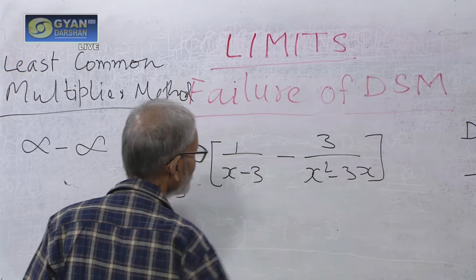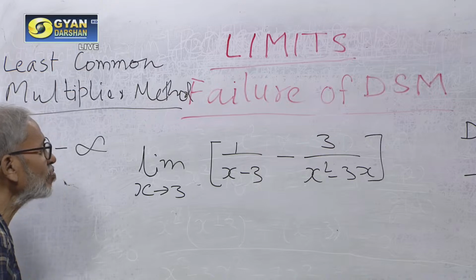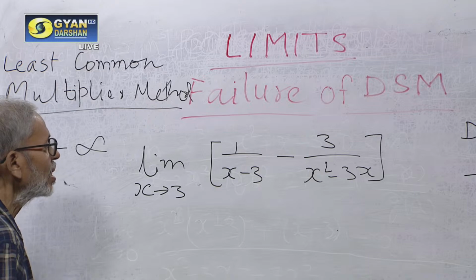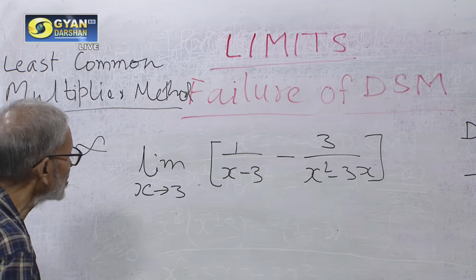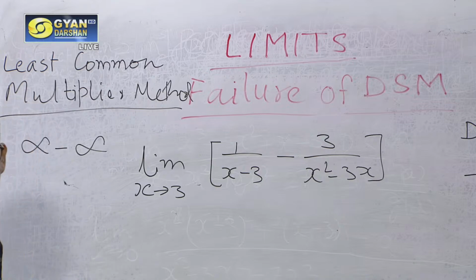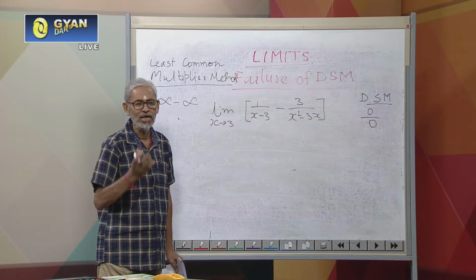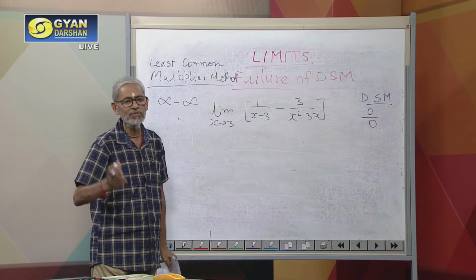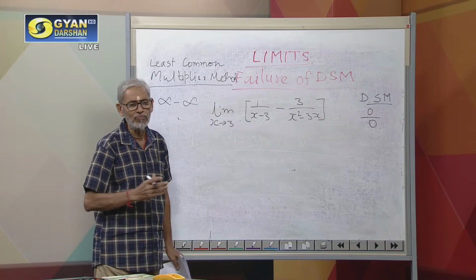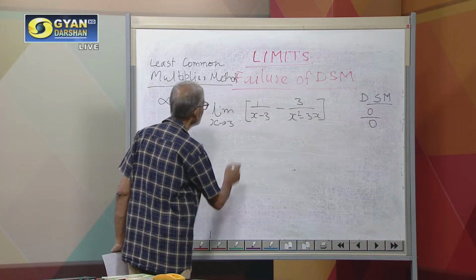Now you can understand the merit of the simple formula which we did two classes before, that limit x tends to 0 of f x plus g x is equal to limit x tends to 0 of f x plus limit x tends to 0 of g x. Similarly, for minus, multiplication, division, we did it for everything. So, we are going to use it now.